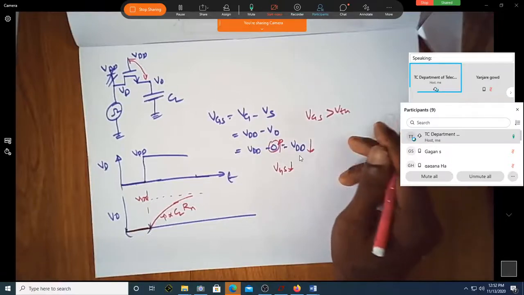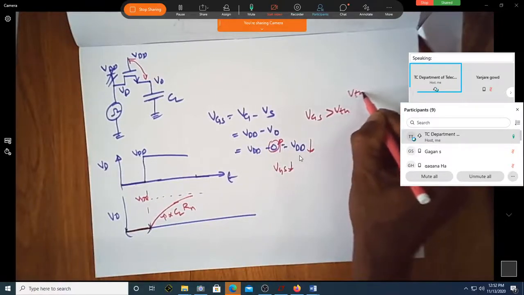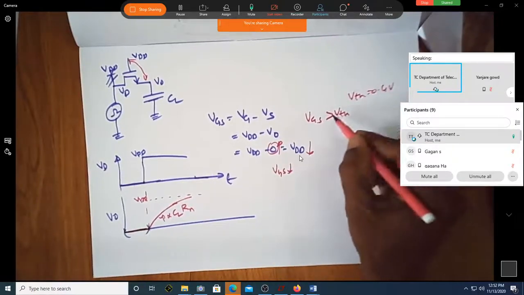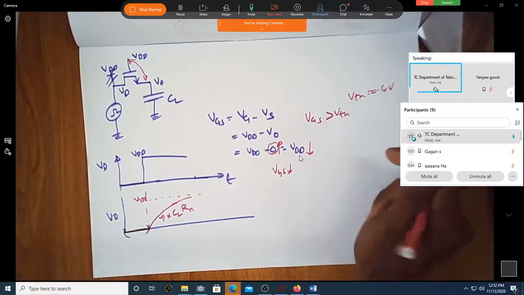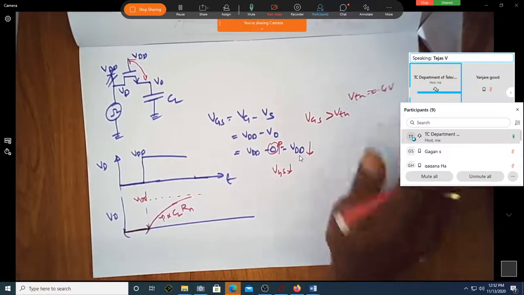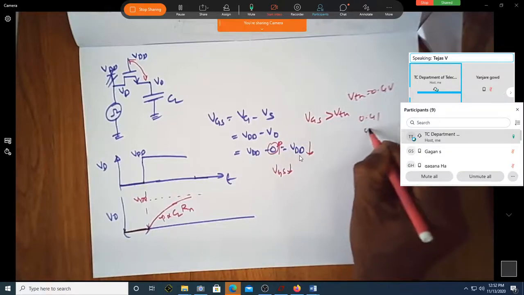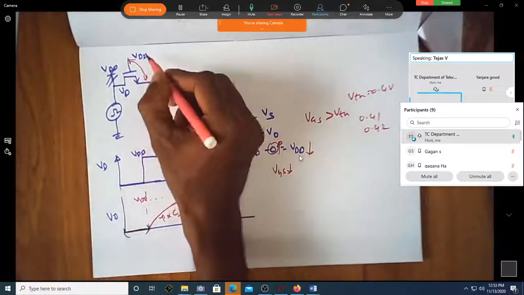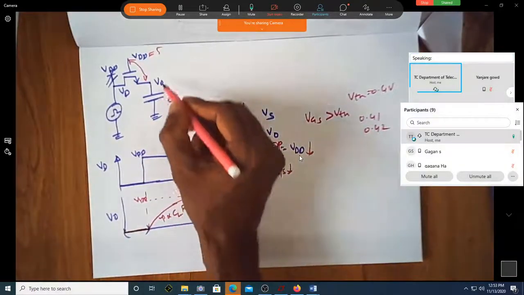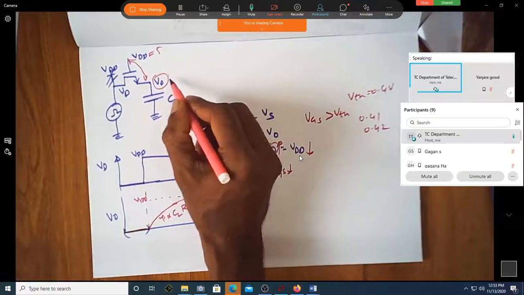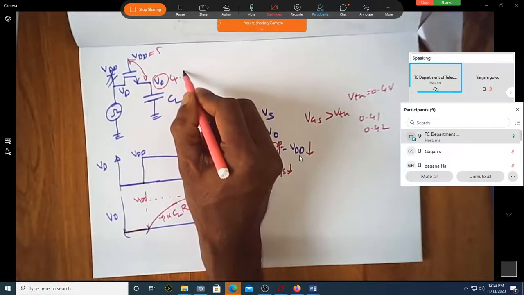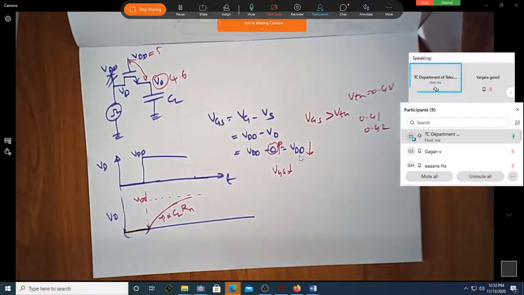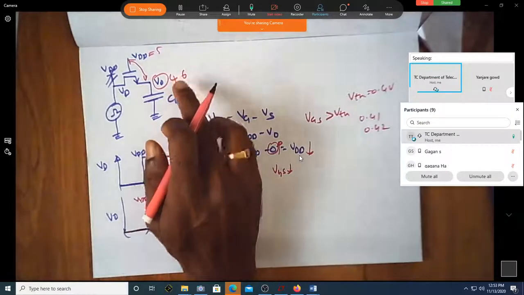If VTH is equal to 0.4 volt, what should VGS be to turn on your MOSFET? It should be more than 0.4, something like 0.41, 0.42. Correct? So assume that VDD is equal to 5 volt. If this voltage becomes 4.6, what happens? Because it keeps charging, this can go up to 4.6.